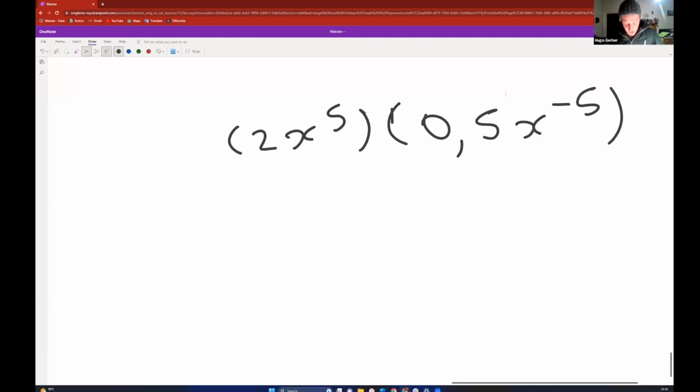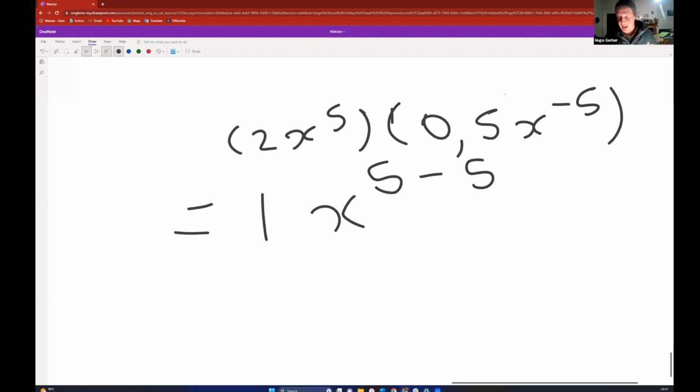All right, the answer for this will be, if we multiply out the brackets, then we get 1x, because 2 times 0.5 is 1, okay? And then x with its power multiplied by x with its power is going to be 5 minus 5.